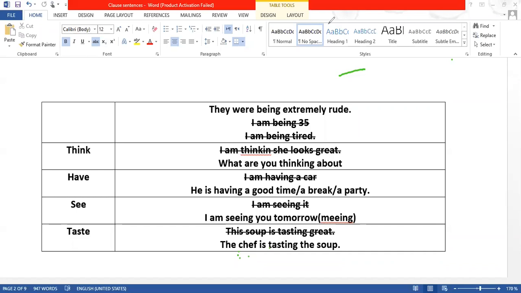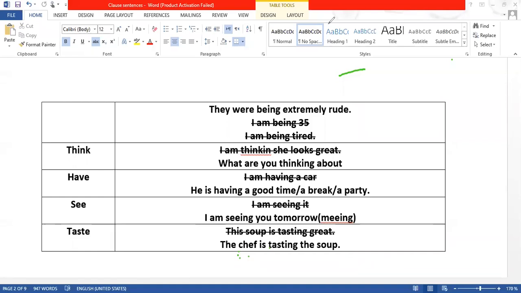But again, you can use an action sentence: what are you thinking about? At this particular moment, what are you thinking? If you ask somebody, what are you doing? And he says, I'm thinking. Or if you say, what do you think about her? You say, I think that she is beautiful, or she's great, or she's genius.